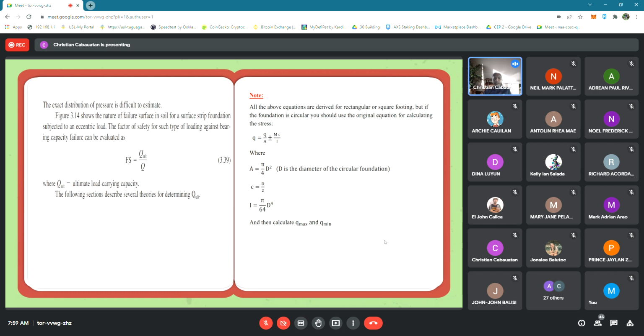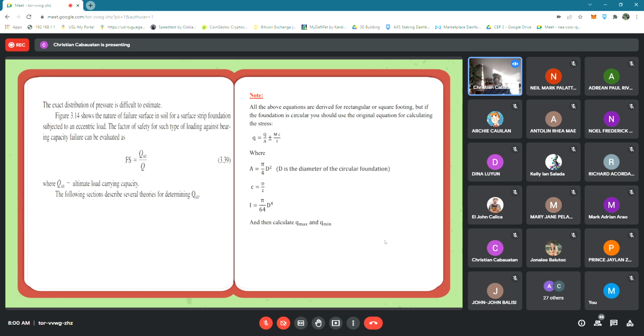But if the foundation is circular, dito na mag-iiba. Because we will be using the stress formula, wherein the stress Q is equal to the applied load divided by the area, plus or minus the moment times the centroid distance c, or the eccentricity, divided by the inertia.